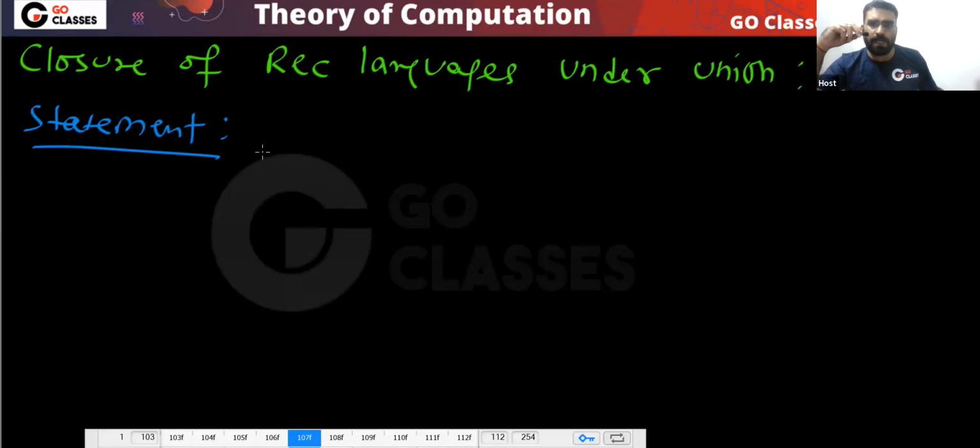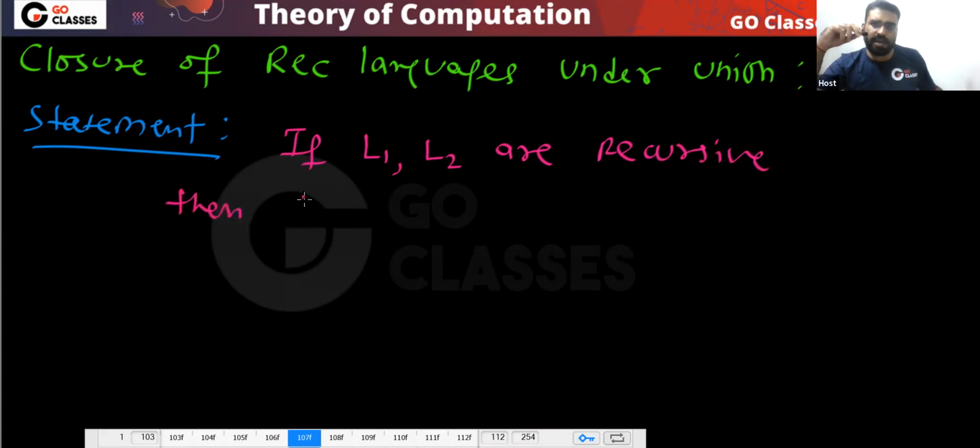Statement will be: if L1 and L2 are recursive, then can I say their union will be recursive? Yes or no? Basically the statement will be this: if L1, L2 are recursive, then L1 union L2 is also recursive.